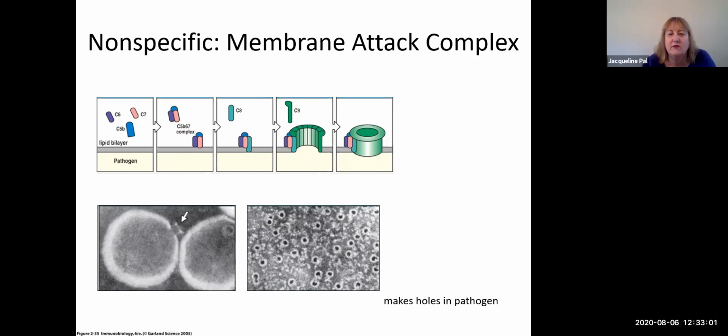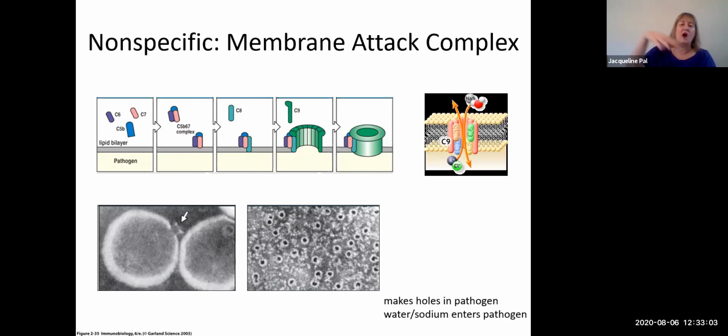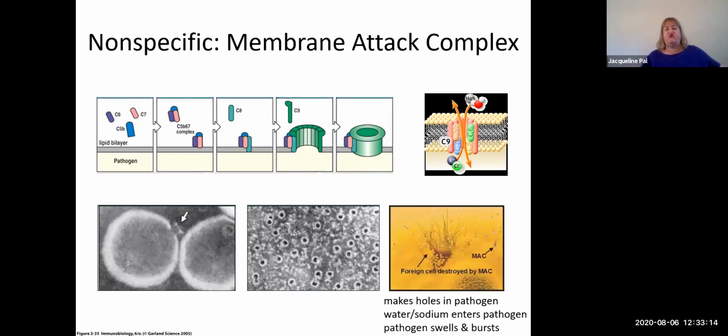And as a result of all these holes, water and sodium are going to rush into that cell, and that cell will get bigger and bigger and bigger, just like your balloon, until it bursts. Okay, so basically we say the membrane attack complex, and that's what they're abbreviating MAC here, is what causes death of that antigen cell.